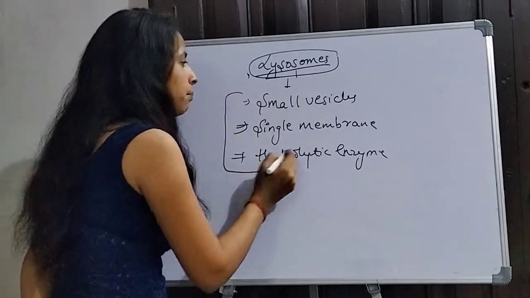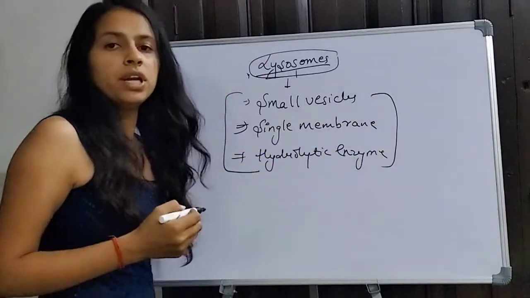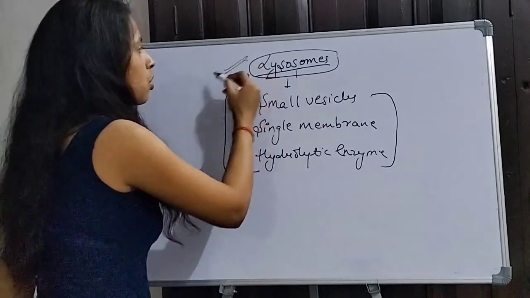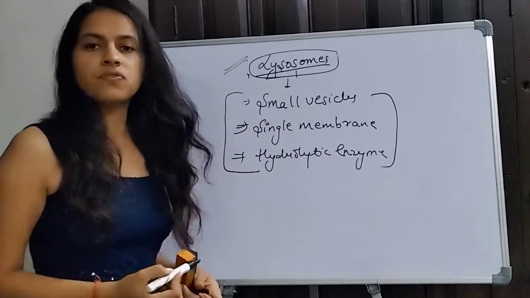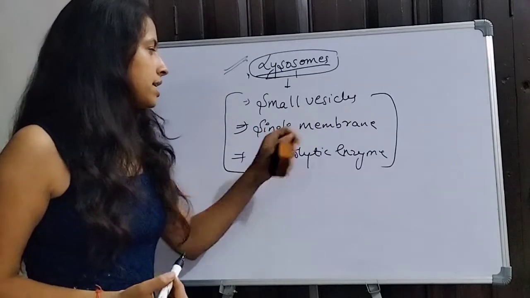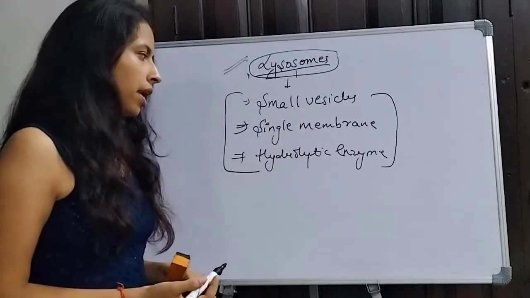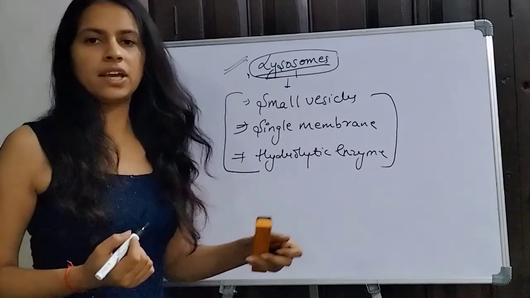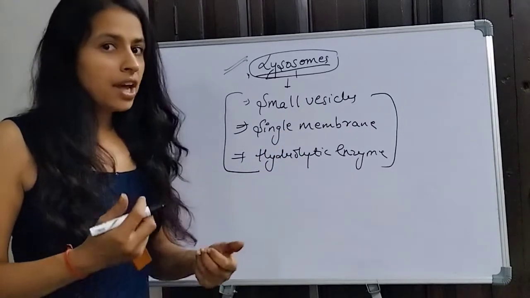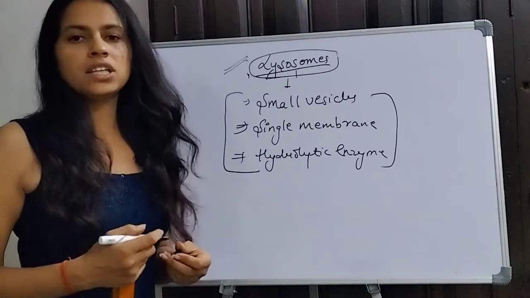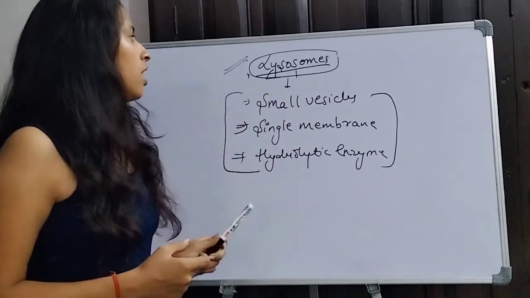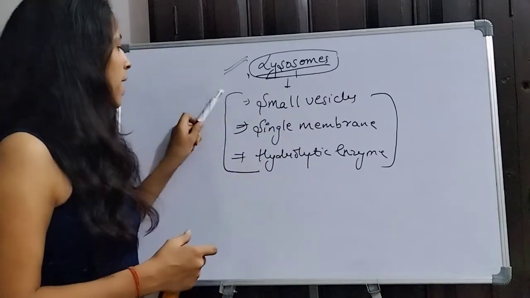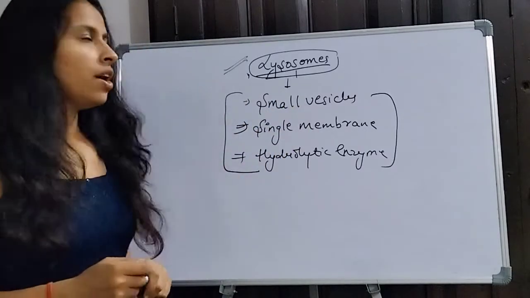So by combining these three points, we define the term lysosomes. The lysosome is defined as a small vesicle, single membrane, containing hydrolytic enzymes which help in digestion of food or any other particles present in your cell. So simply we define the lysosome by combining these three terms.